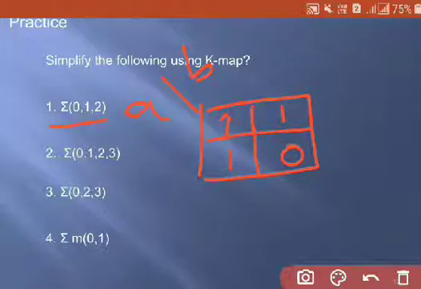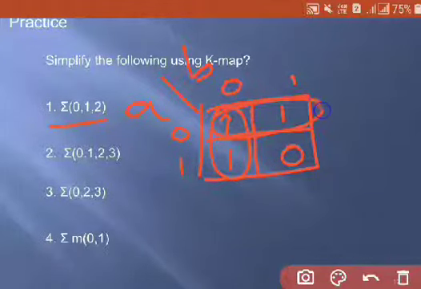That means for m0, m1, m2 the output is becoming 1. You can pair two adjacent cells like this, and also pair one more like this.